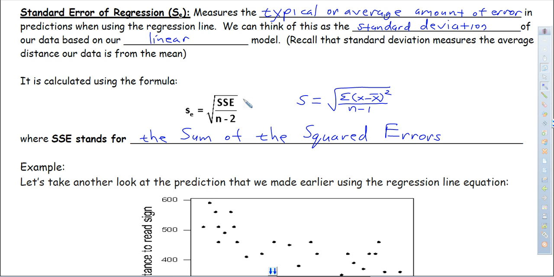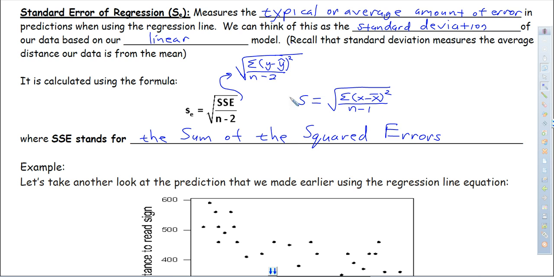And we could rewrite this if we wanted to and say, well, what is this then? We could write this as the square root of the sum of y minus y hat squared, all over n minus 2. Does this look pretty similar to standard deviation?